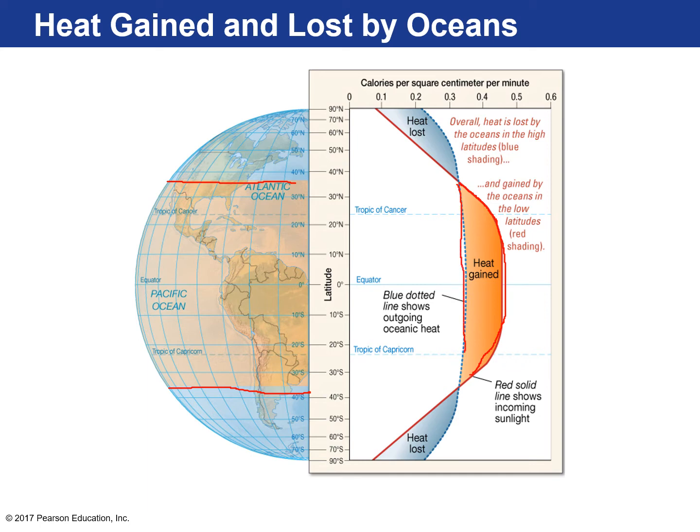From a little bit past the Tropic of Capricorn in the southern hemisphere to the Tropic of Cancer in the northern hemisphere, maybe like 35 degrees north and south, this is where you have heat gained. Then in the more northern latitudes in the northern hemisphere and southern hemisphere, you actually get heat loss because of the angle of incidence and diffuse solar energy.